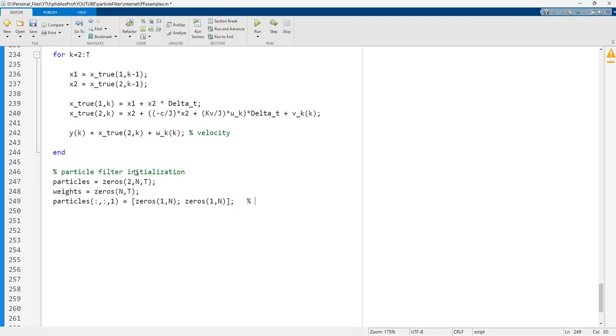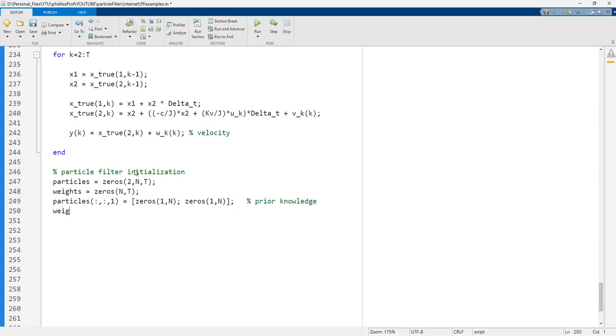We can use the rand function, but we know that the initial conditions of these values are equal to 0, so the particles at the prior level must be equal to 0. This is the prior knowledge.